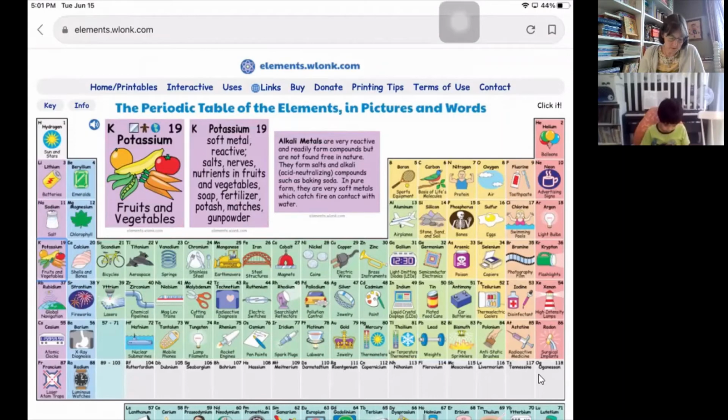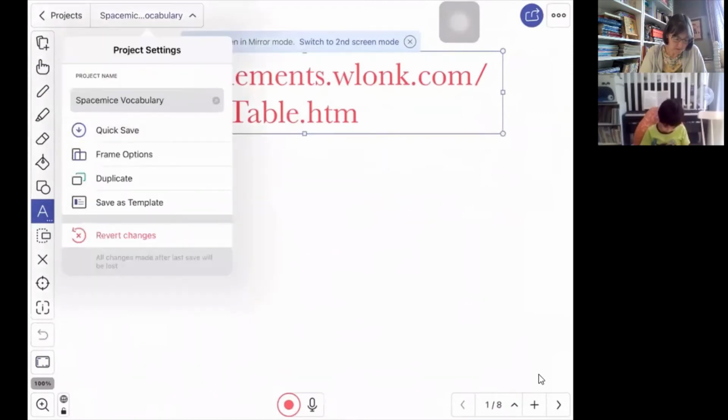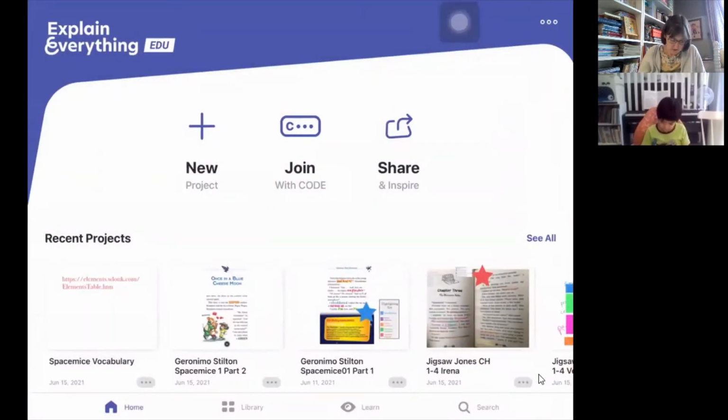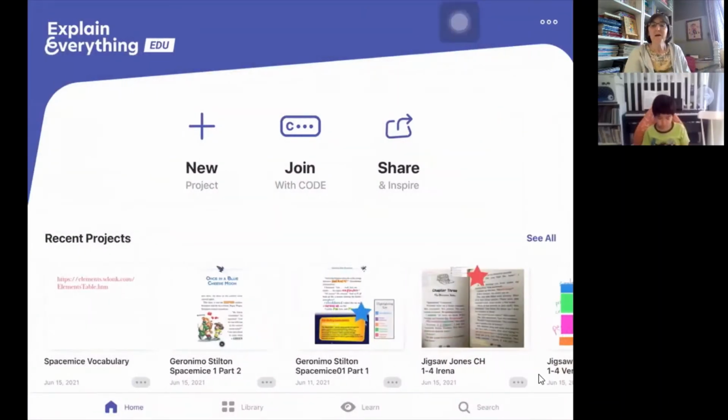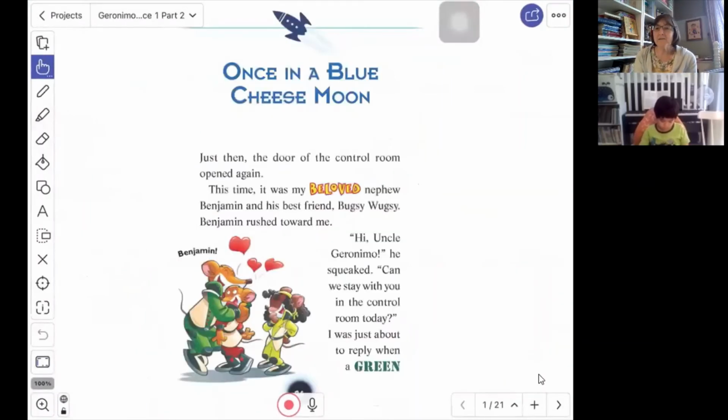So I'm going to move to Geronimo here. Let me head out of this. Geronimo. Okay. And they are looking for this element that they think is on planet Ratos, and they think it's going to save their spaceship from having the engine explode.